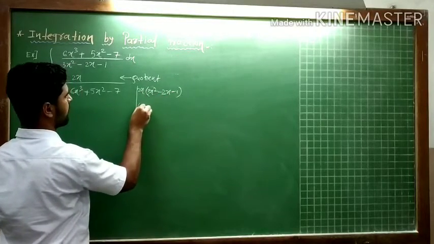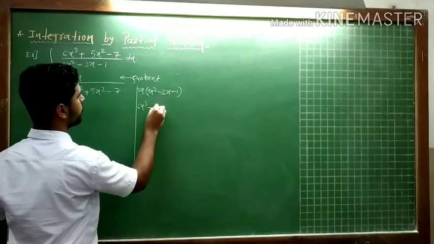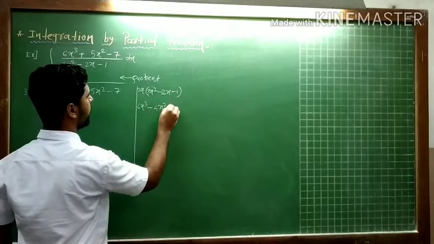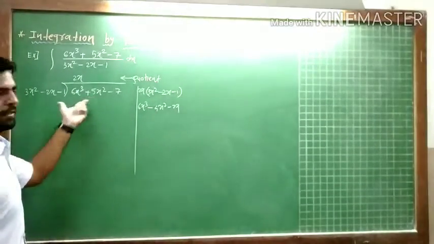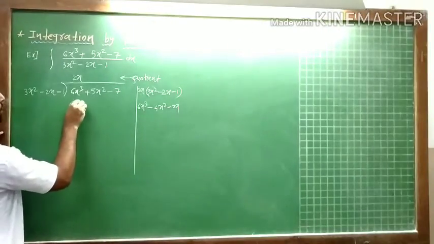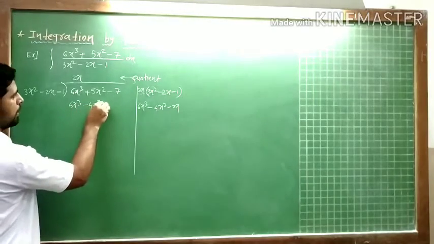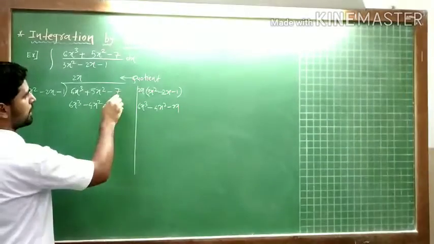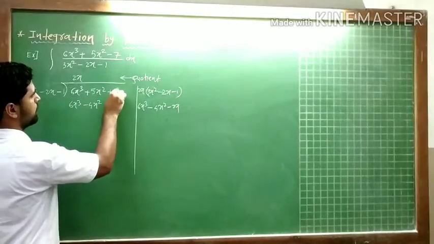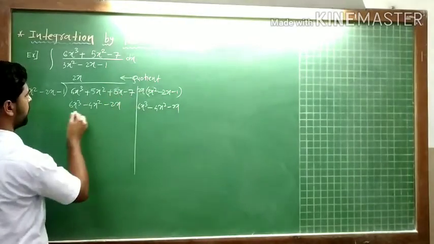So it is 6x cube minus 4x square minus 2x. Here we are missing the x term, so we can put 0x and then minus 7.